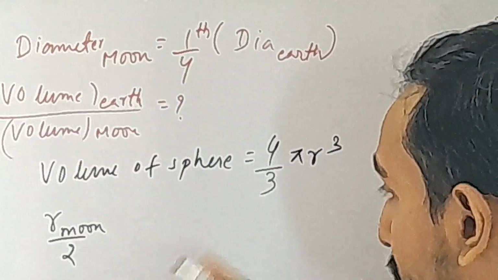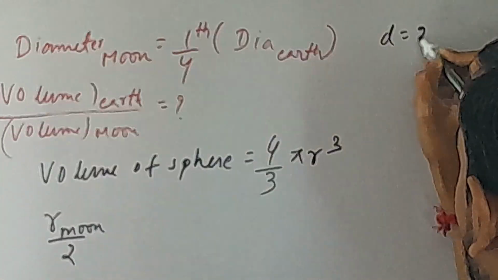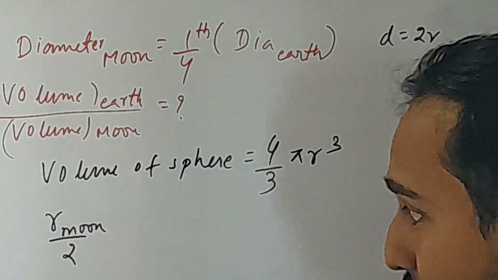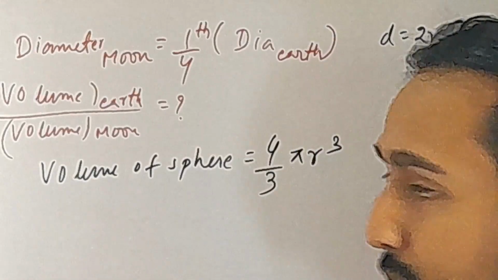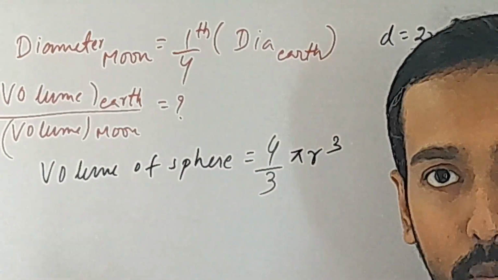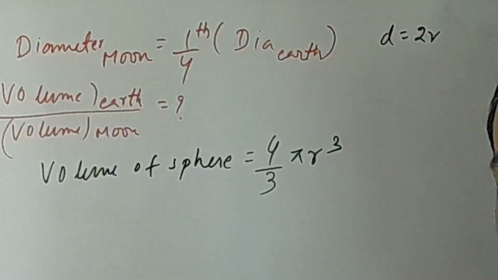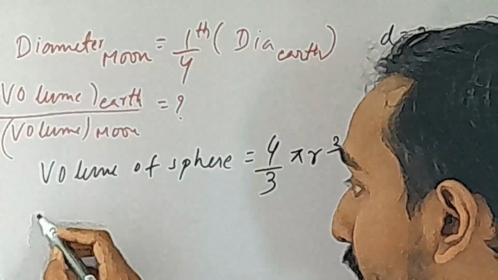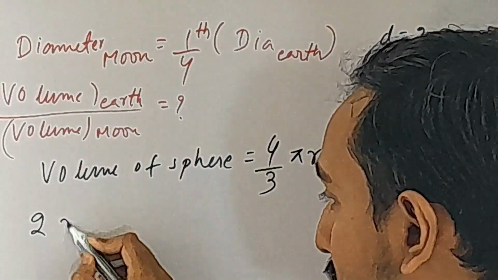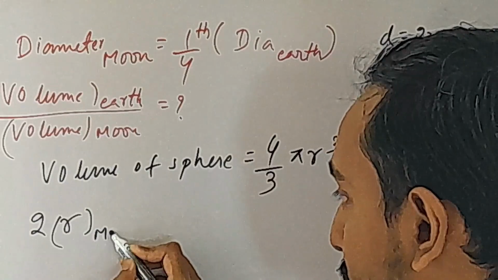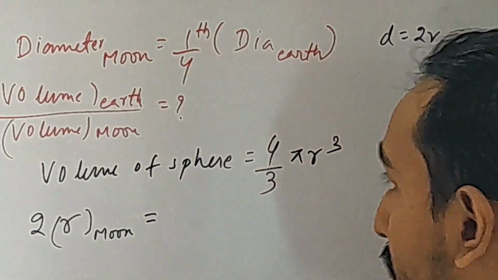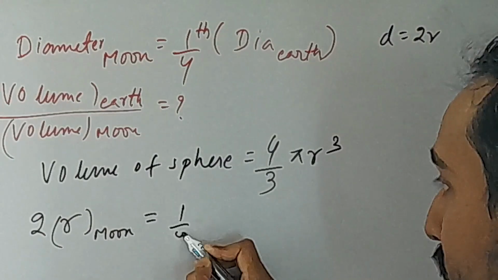Let's see. We know that d is equal to 2r. So there was a mistake in this part. Since diameter is 2 times the radius, to replace the diameter of the Moon, we will write 2 times the radius of the Moon, and it is equal to 1/4 as it is.